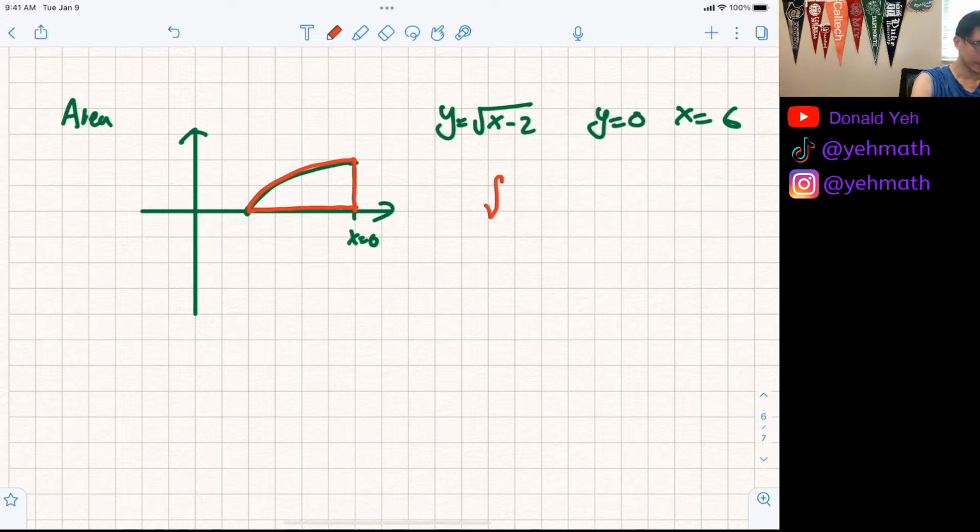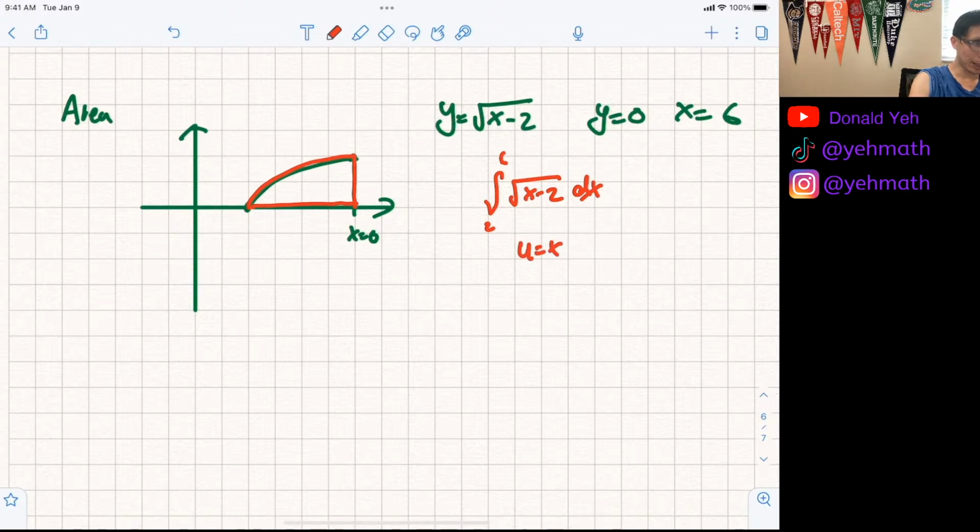So you take an integral, right? And the boundary should be 2 to 6. And then it's root of x minus 2 dx. And then you just do u substitution. You have to do u substitution because u equal to x minus 2, du equal to dx.